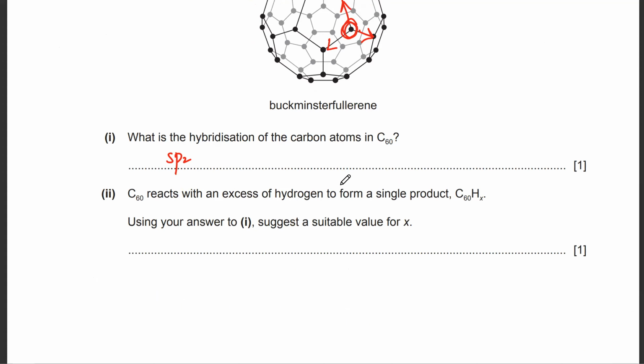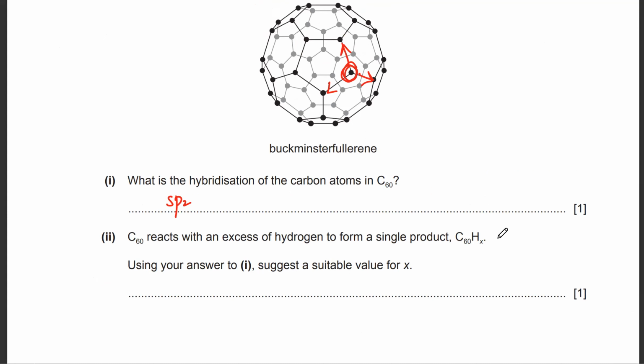Anyway, it reacts with an excess of hydrogen to form a single product, C60Hx. Use your answer to suggest a suitable value for x. So he's saying this thing reacts with hydrogen. How many extra bonds can each carbon atom make?